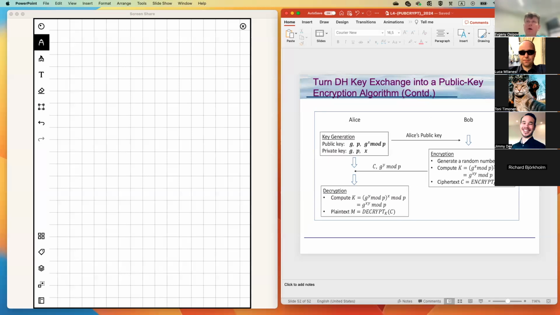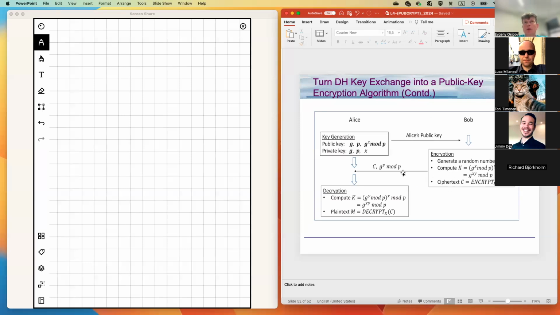So it rises to the power the result of Alice's computation, so Alice's public key, right? And so this value is now used to encrypt a message.